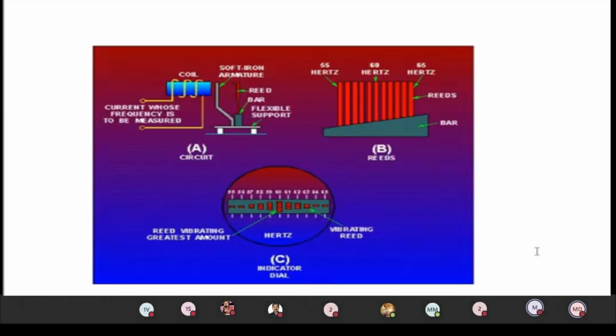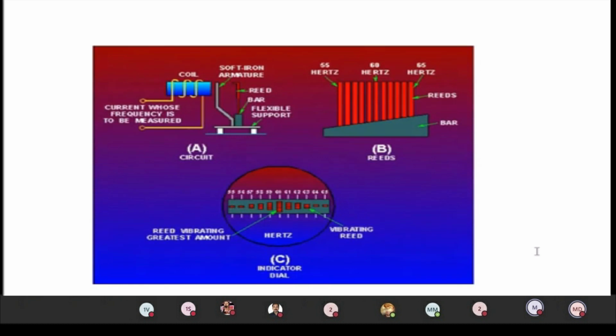You can clearly note that the 60 Hertz reed is vibrating more when compared to others. This is the indication: when the frequency of the input supply matches the natural frequency of the reed, that particular reed alone will vibrate more when compared to others.